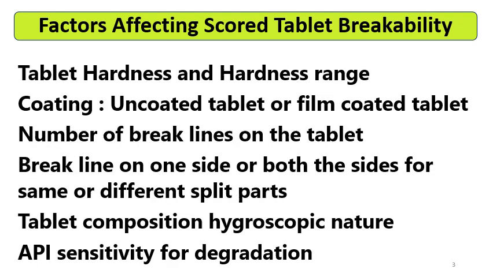The other factors are like tablet hardness and the hardness range. So it is always desirable that the tablet formulation should have good hardness, because if the hardness is low, then the tablet will fail in friability for the split parts. If the tablet is too hard, then by hand it will be difficult to break the tablets.